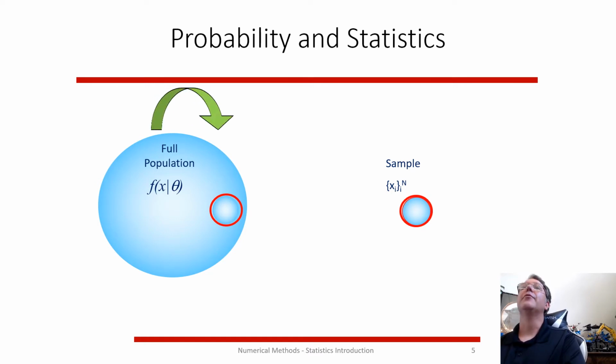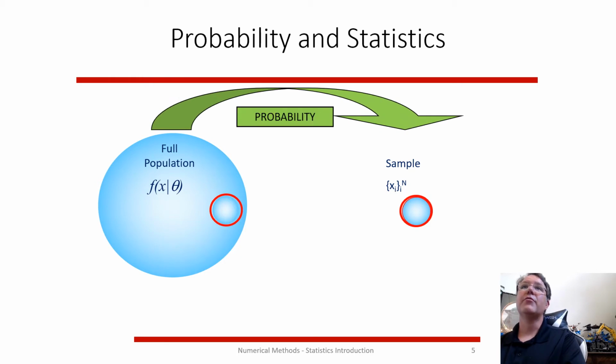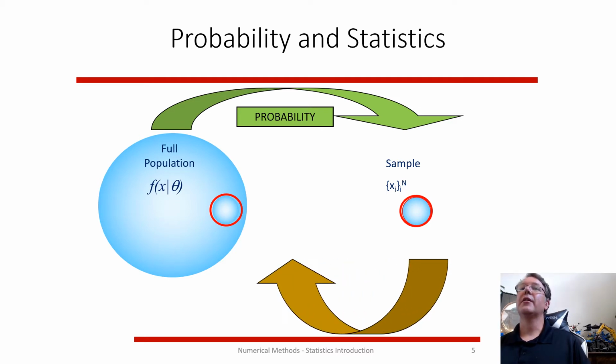So probability lets you predict. If you assume you know what the population is, probability lets you go forward and say, what kind of samples might we get? Is it going to look like a nice normal distribution or some other distribution? So that's going from, we know the model and we predict what it's going to do when we sample it.